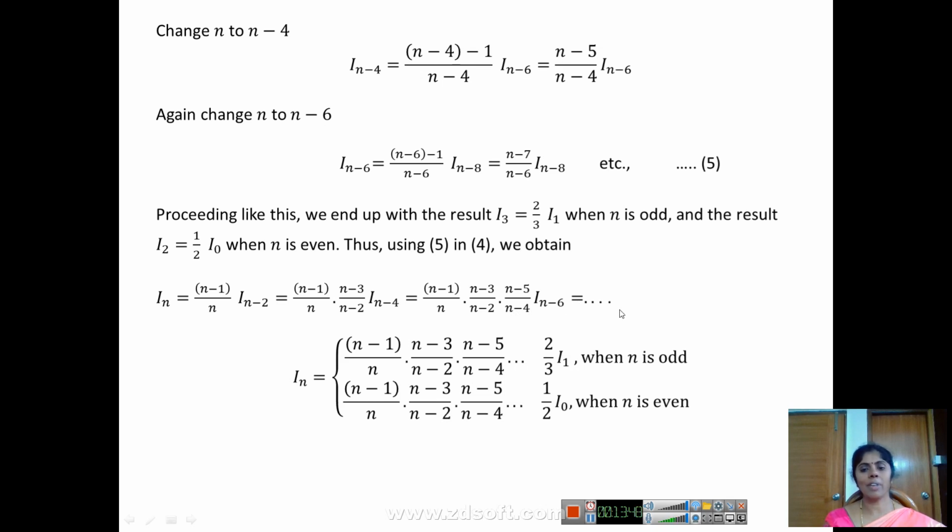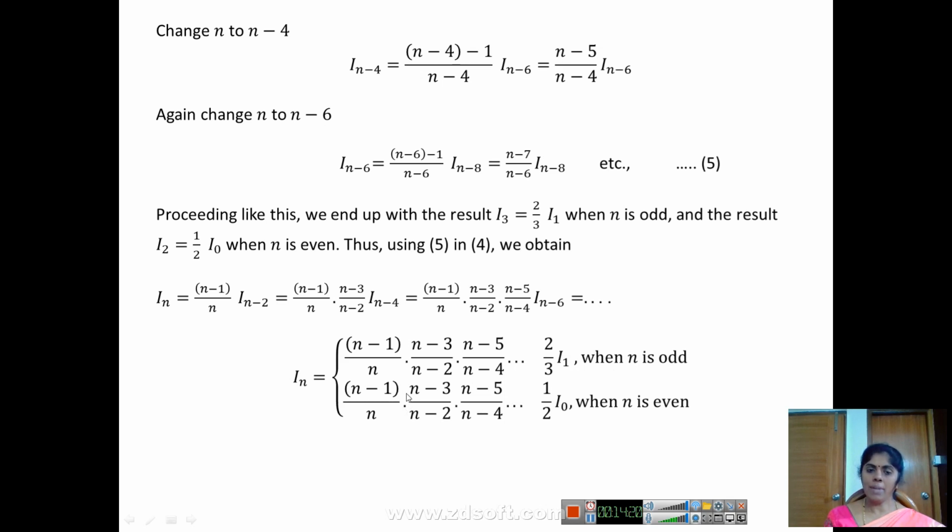We can continue this till we get n is odd or even. So here I have given it this way, I_n equals (n-1) divided by n into (n-3) divided by (n-2) into (n-5) divided by (n-4), it continues and it will end up with 2 by 3 into I1 when n is an odd number.